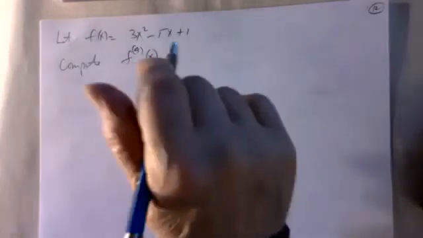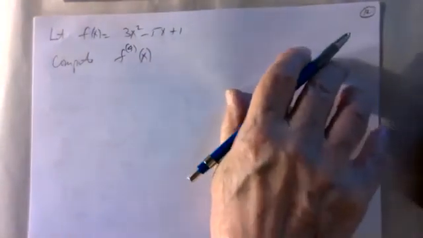So I'll give you a minute to do it yourselves. You have to compute the first derivative, then the second derivative, then the third derivative, and then the fourth derivative. So do the exercise and tell me the answer.